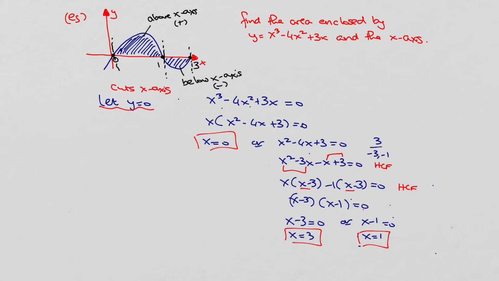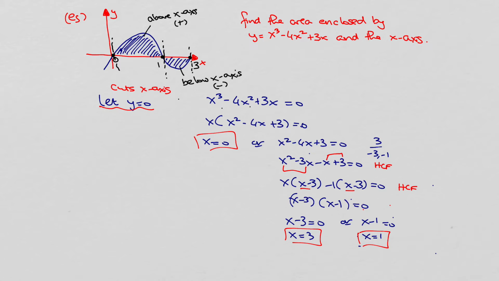Okay, so our function then, I'll actually just go back. So I'm going to call this area 1. And area 2. So the area shaded is area 1 plus the absolute value of area 2.